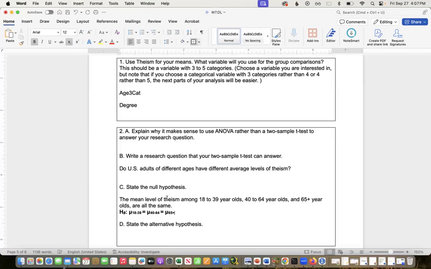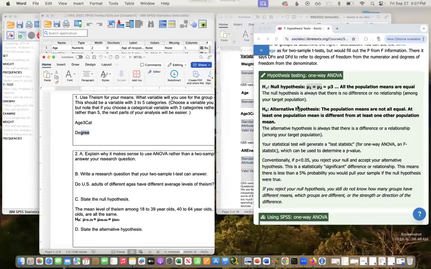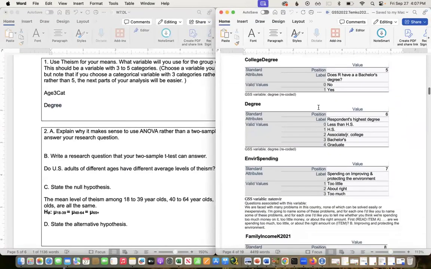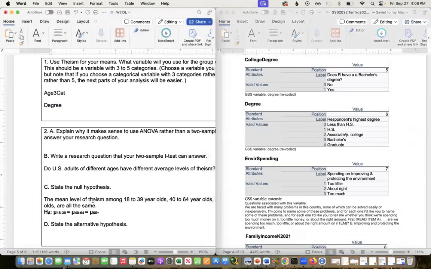Or for degree, the mean level of theism for those with less than a high school degree, a high school degree, associate or junior college, bachelor's, and graduate are all equal. So I'm saying the mean for my dependent variable, whether it's theism or the hours worked last week, is the same for all categories.